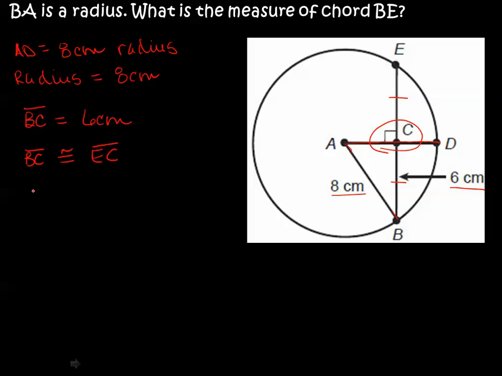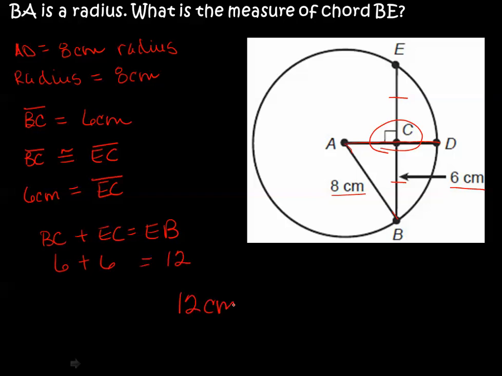That means if BC is 6 centimeters, then EC is also 6 centimeters. So now BC plus EC is going to equal BE. You got 6 plus 6, which equals 12. So 12 centimeters is the measure of BE.